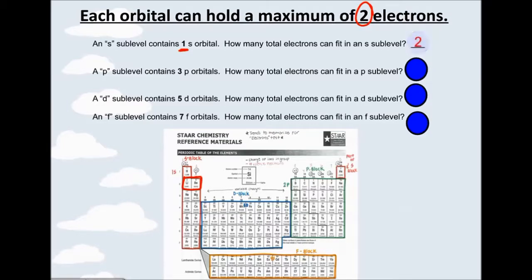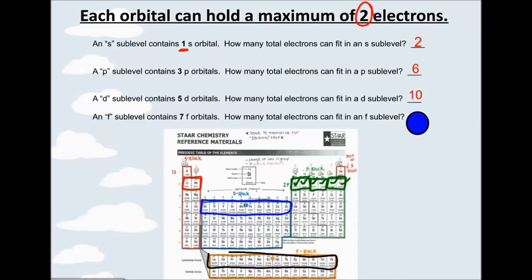If we look at P, it's made up of 3 p orbitals, so 6 electrons can fit in there. If we look at D, it's much wider. This is 5 orbitals, so that's 10 electrons that can fit. And then we've got the F, which is the longest. It has 7 orbitals, which can fit 14 electrons.